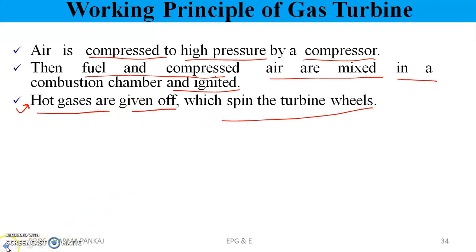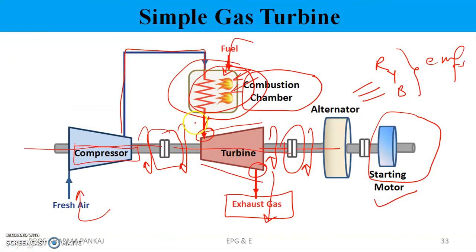See in the diagram, hot gases are entering the input portion of this turbine, and this turbine has the potential to rotate. This is the work the turbine is intended and designed for.